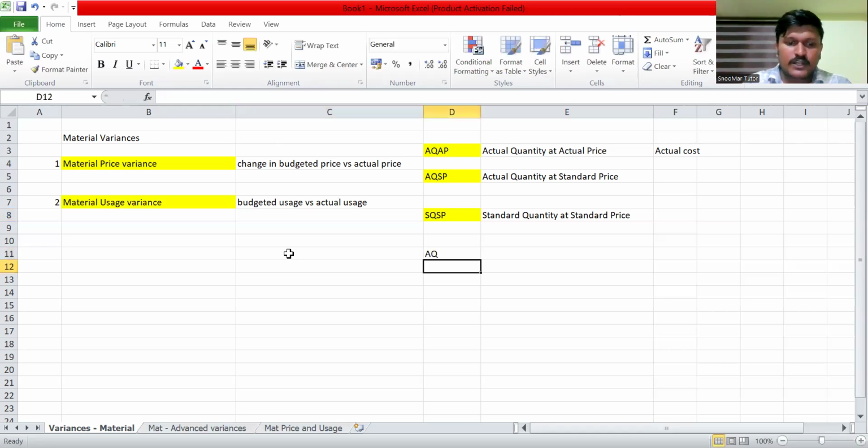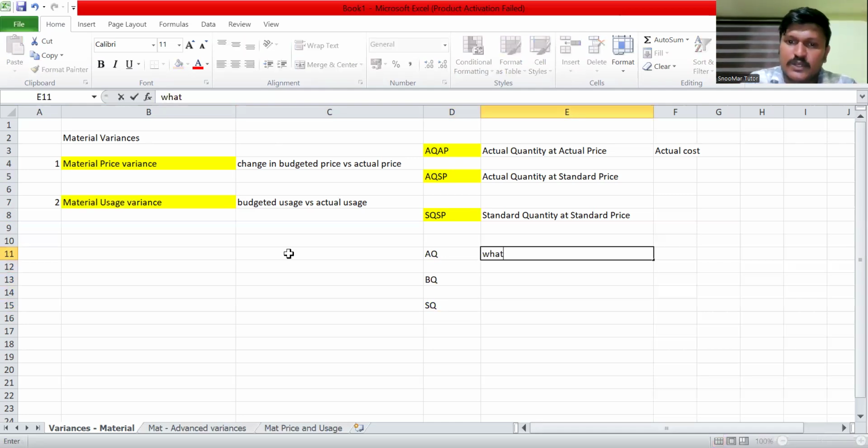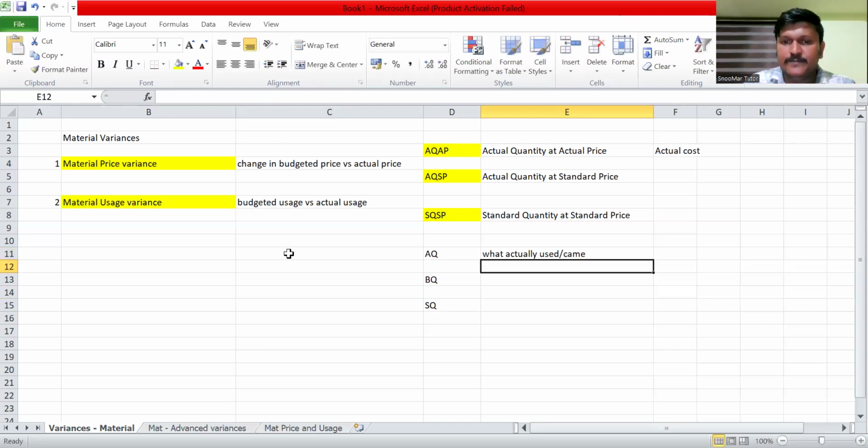These three things are different. Actual quantity is what was actually used or came. Budgeted quantity is what you originally budgeted.